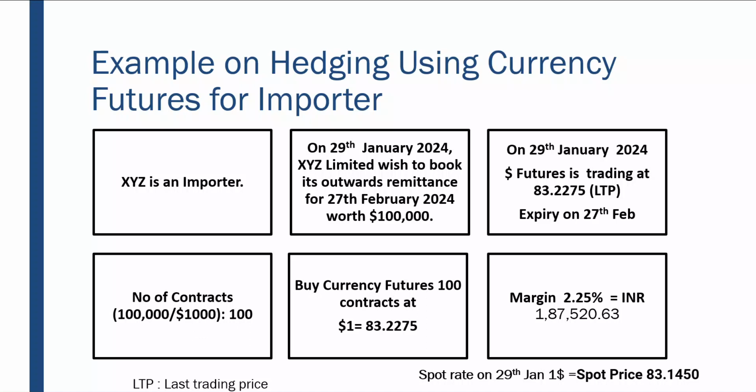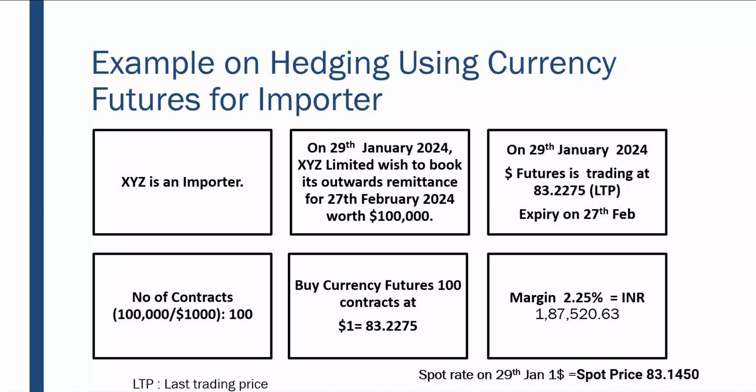At what price? 83.225. The other guy says, okay, come to me on 27th and I'll give you dollars at 83.2275. If I'm gaining, you give me money. If you are gaining, I'll give you money. So either the buyer is making a profit or the seller is making a profit, or vice versa. Somebody can make a loss, somebody can make a profit.